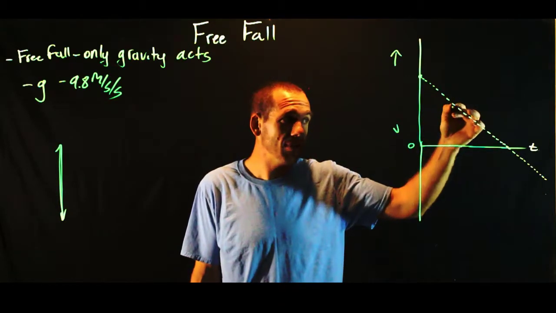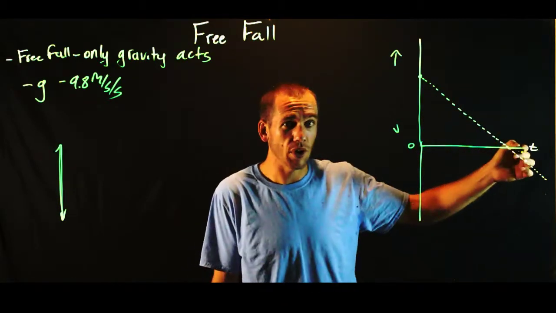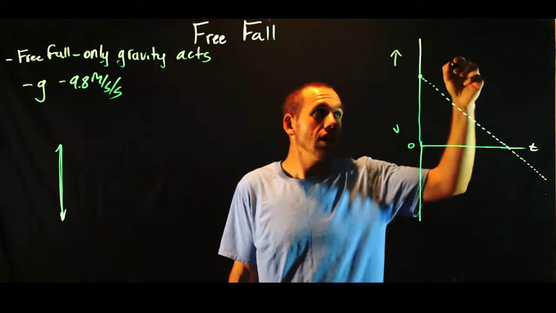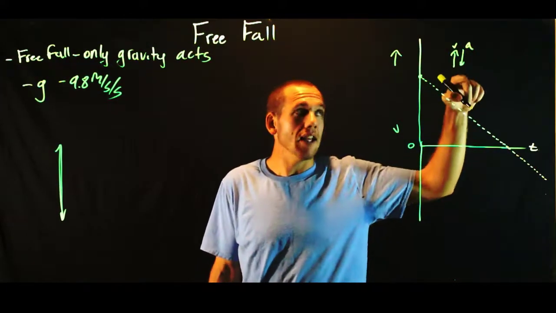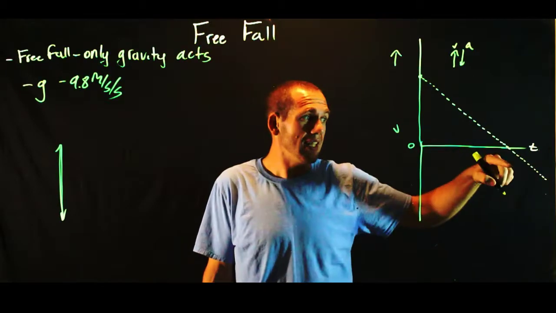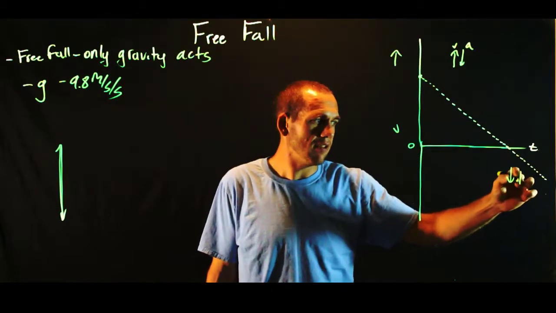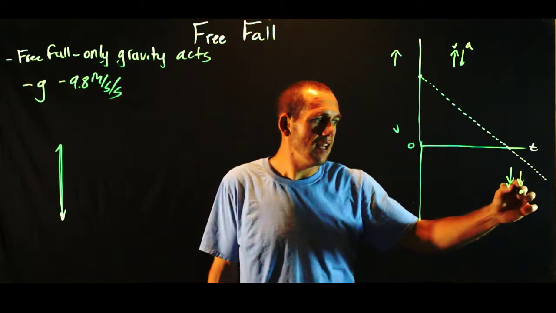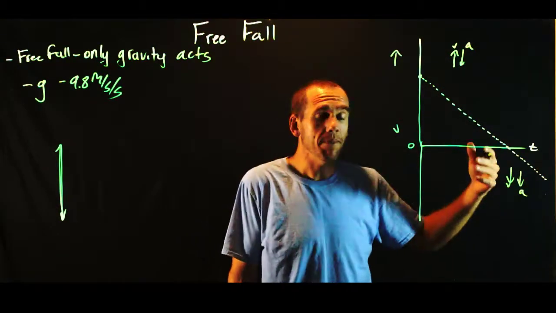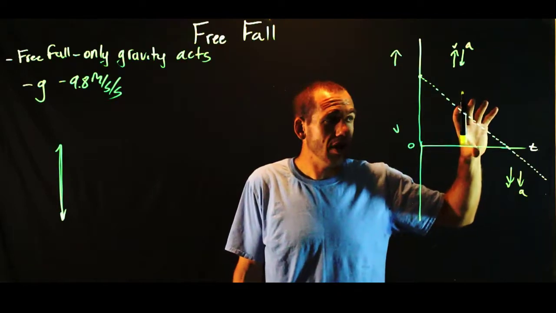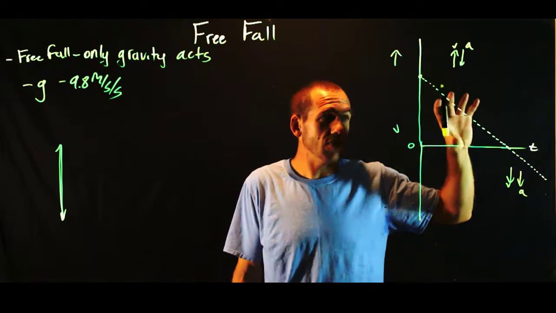The entire time this object is accelerating towards Earth. At the beginning, the velocity is up, but the acceleration is down, and because of that, it gets slower. But at the end, the velocity is down and the acceleration is down, and because of that, the speed gets higher. The velocity becomes more negative. And that shows an object in free fall on its velocity-time graph.